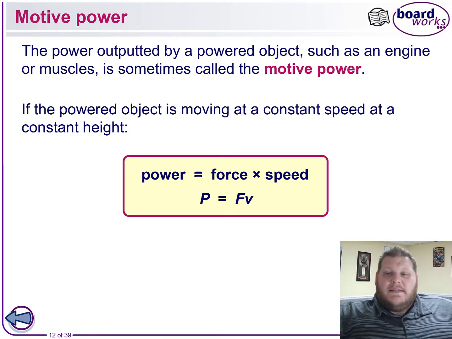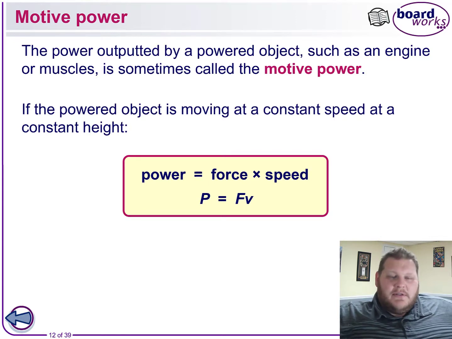So, again, this is something that is self-powered. Motive power is, like, it is powering itself. Again, an engine is an example of this. Muscles, they power themselves. Nothing is acting on what's moving. It's self-powered. So again, here, the force that it exerts, and then the velocity or the speed that it travels at.